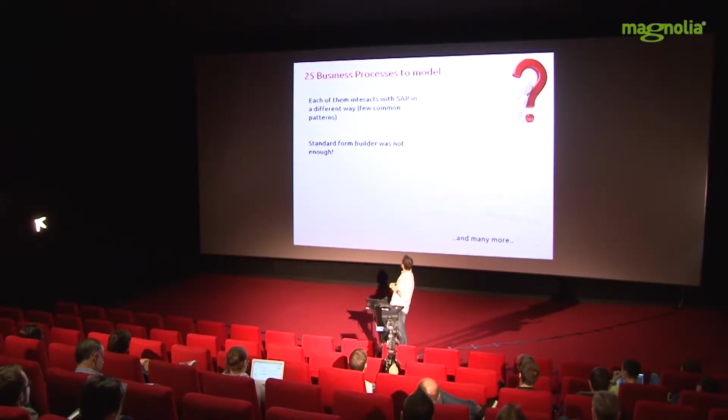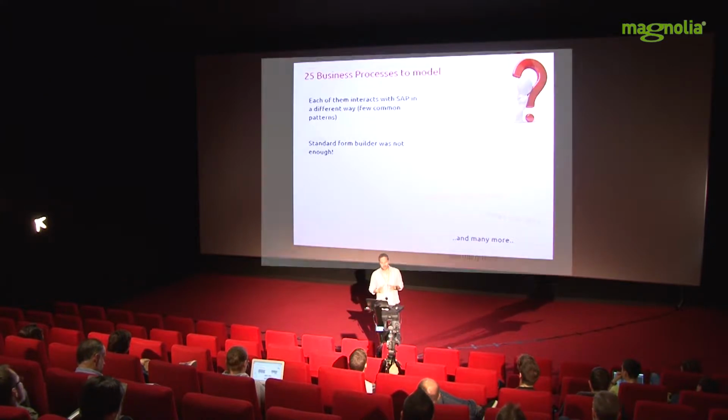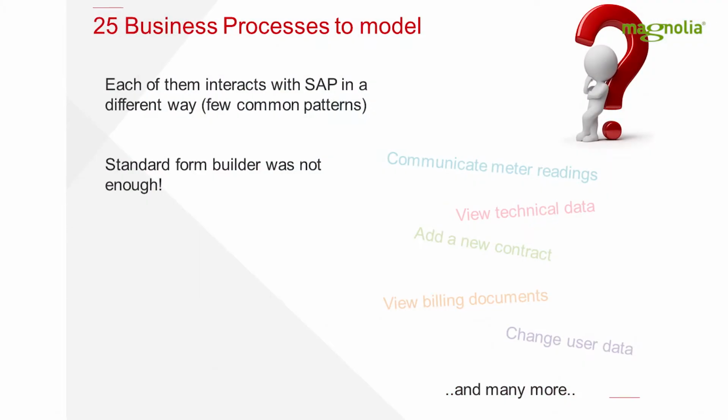We have 23 business processes to model. This is the first issue to realize. Just to give some examples: we need to communicate meter readings, view technical data, add a new contract, move a contract, billing documents, and many more.